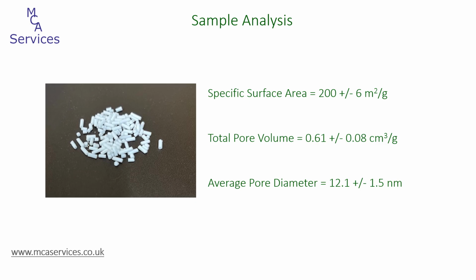And we started by analysing this material exactly following instructions. We obtained a specific surface area of 198 square metres per gram, a pore volume of 0.61 cc's per gram, and an average pore diameter of 11.4 nanometres. So we're comfortably within the specifications, and we can say with great confidence that our instrument is working properly and the methods are all good.